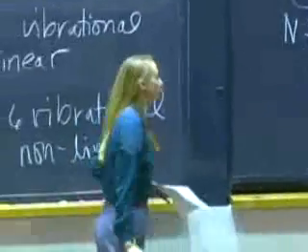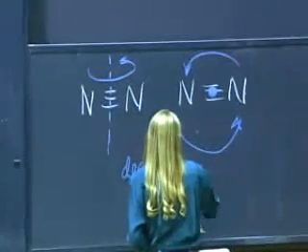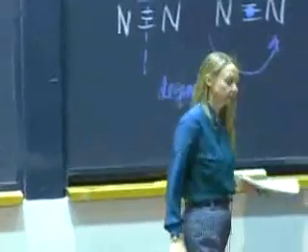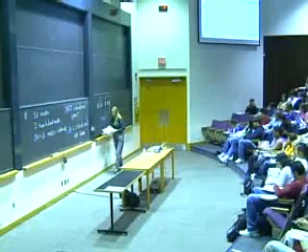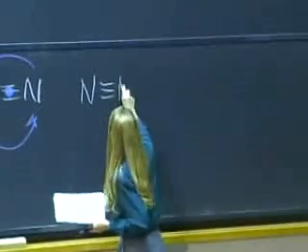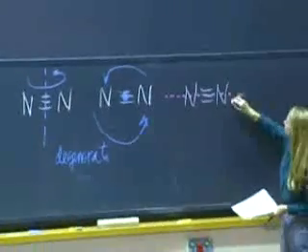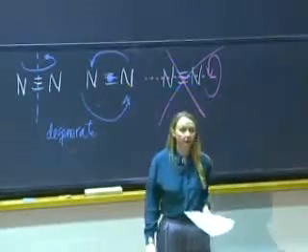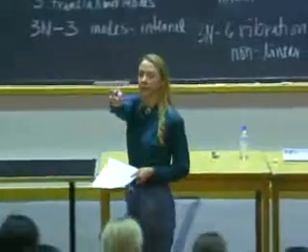It's going to turn out that these 2 rotational modes are degenerate, meaning they're going to have the same frequency of rotation, they're going to have the same energy. Okay, we'll talk about that in a moment. What I want to point out here is that if you look at the axis here in the plane of the board that is along the bond axis, this is not a rotational mode, because there's cylindrical symmetry around that bond axis.